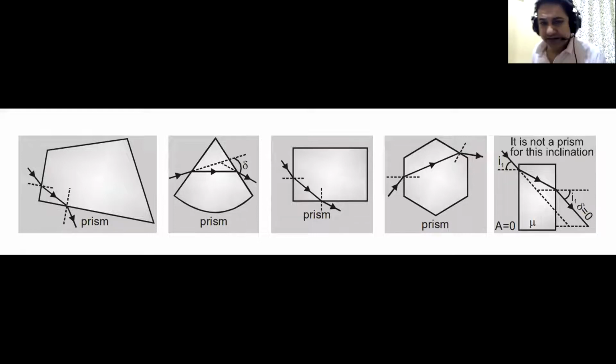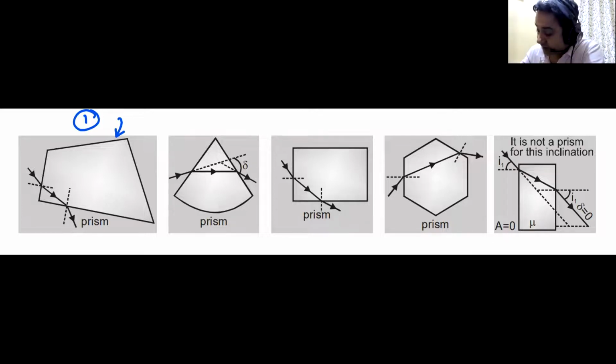And now there are some cases given, and let us understand whether these are prisms or not. Number one, is it a prism? Yes or no? I'm waiting for your answers.